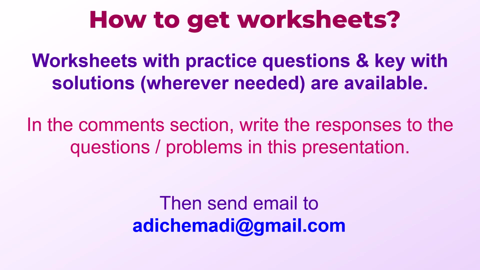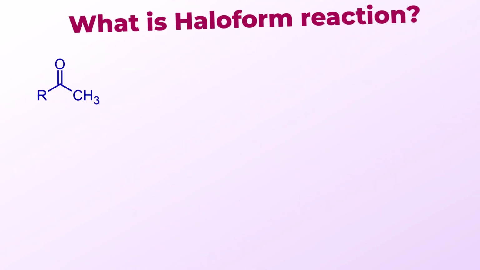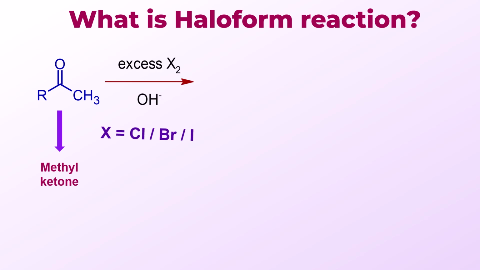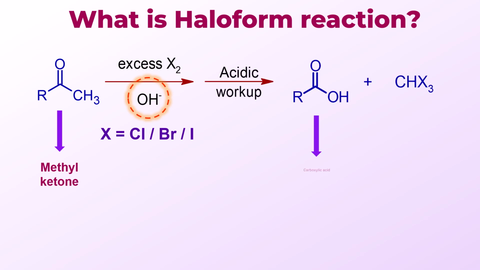Now let us start by understanding what is the haloform reaction, beginning with the case of a methyl ketone. In a haloform reaction, a methyl ketone is treated with excess of halogen such as chlorine, bromine, or iodine in the presence of a strong base, followed by acidic workup to give a carboxylic acid and a haloform.